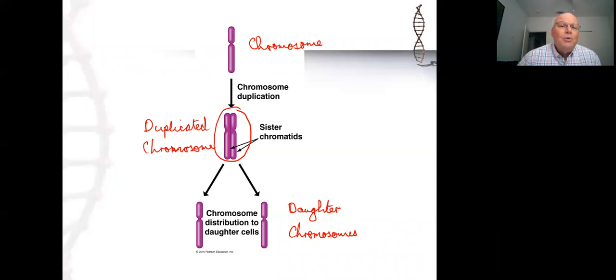So again, we have a tendency to use the term chromosome somewhat loosely, but if you can remember the difference between chromosome, duplicated chromosome, and daughter chromosomes, it will help you so much in understanding what happens to the chromosomes during the two types of cell division that we need to talk about.